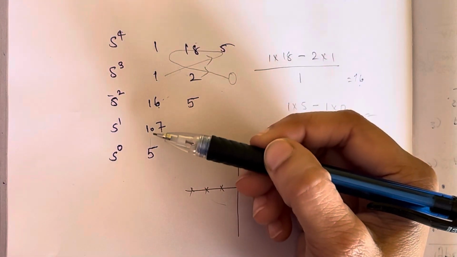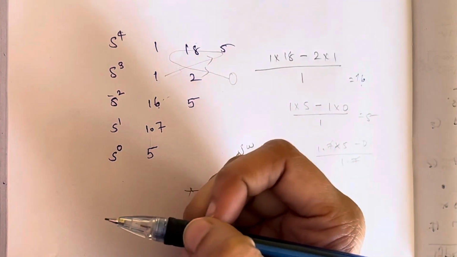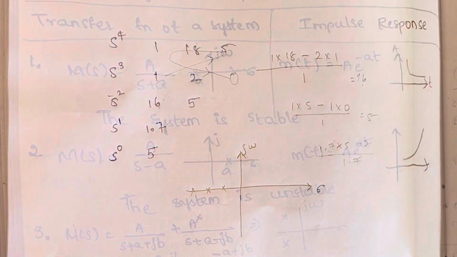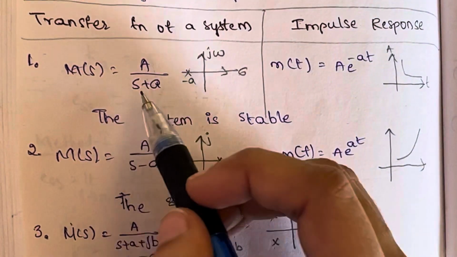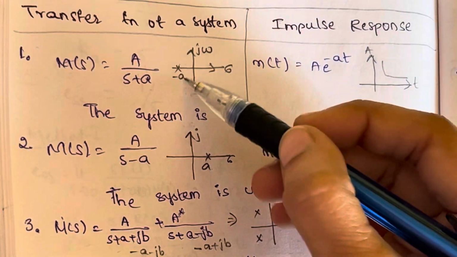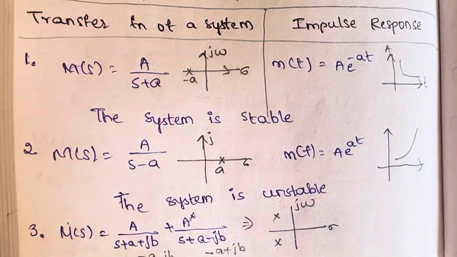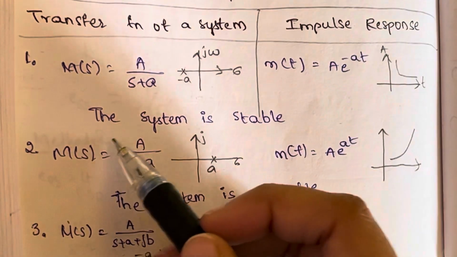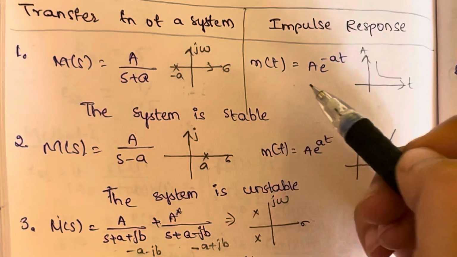If you find any sign changes, then you can say that the system is unstable. Here the transfer function of the system is A by s plus A. That means you have the pole on the left side of the real axis, so the system is stable, and this is the impulse response of the system.